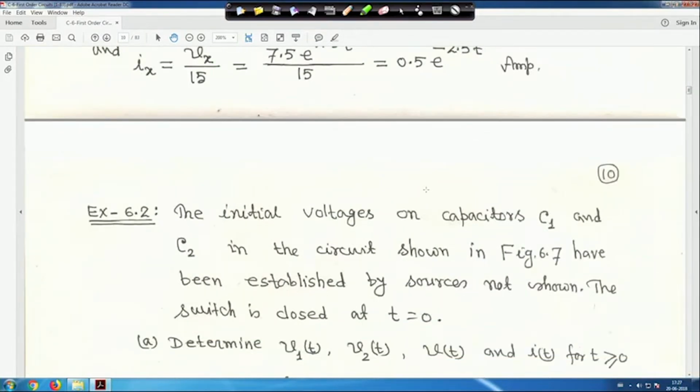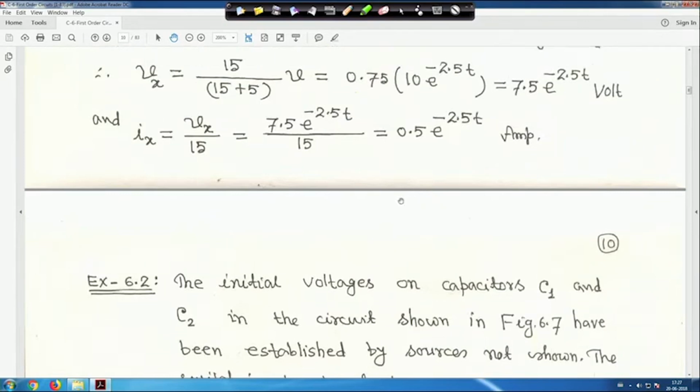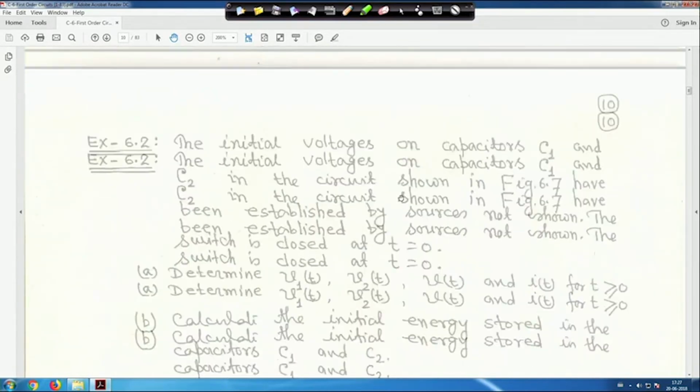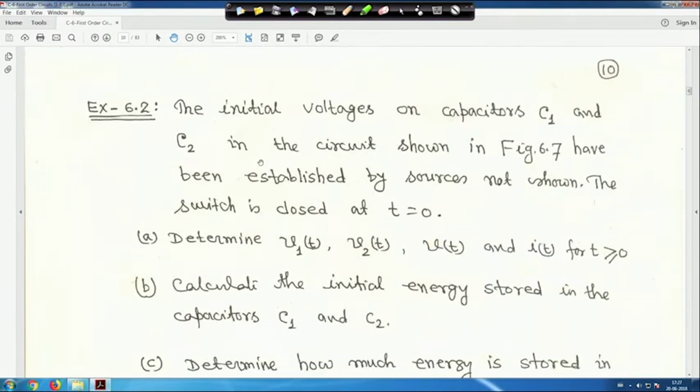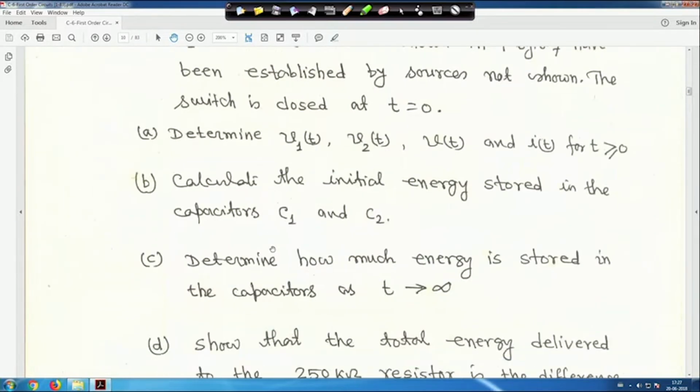Now, next example. I hope you are understanding this. The initial voltages on the capacitors C1 and C2 in the circuit shown in figure 7 have been established by sources not shown, but initial conditions have been established. This is the language of the problem. The switch is closed at t is equal to 0. Therefore, you determine V1t, V2t, then Vt and It for t greater than 0, right.